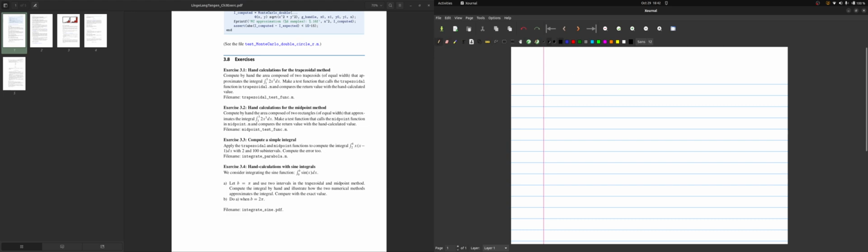So let's say we have a function like x squared, for x greater than 0. So what do we mean by the integral and what do we mean by a derivative in this case? The derivative is basically the rate of change of a function.